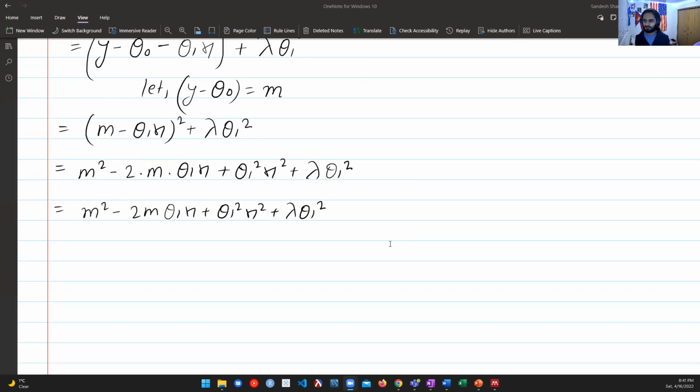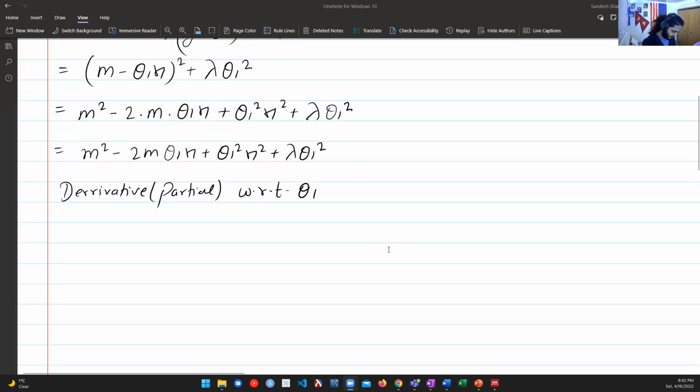Since our objective is finding theta 1 or beta 1, the same thing, we're going to take the partial derivative with respect to theta 1. Now, m square is y minus beta naught, and they both are constants, so the derivative of a constant becomes 0.